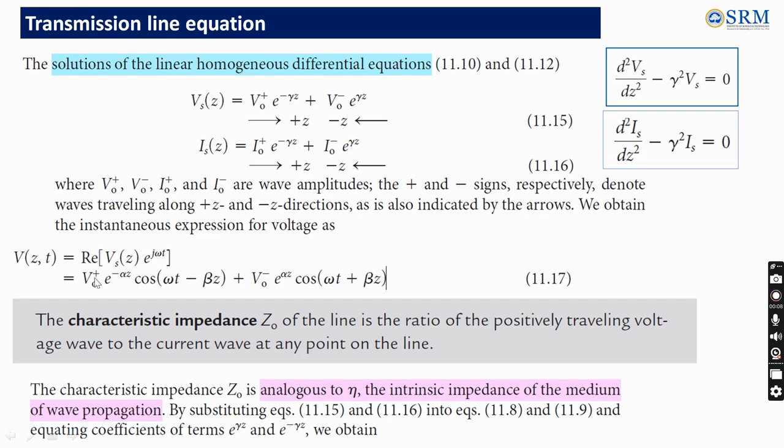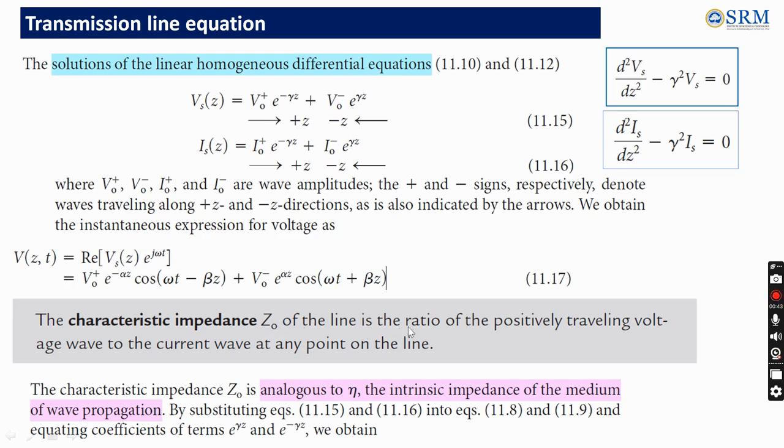We get V naught plus, instead of e power minus gamma z, e power minus alpha z, since gamma is alpha plus j beta. So e power minus alpha z, e power minus j beta z will be there along with e power j omega t. Taking only the real part, we get cos of omega t minus beta z for this particular term, plus V naught minus e power alpha z, here it is positive, and all the terms are positive, cos of omega t plus beta z.